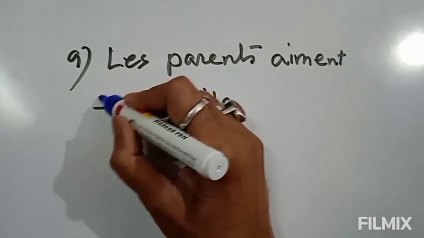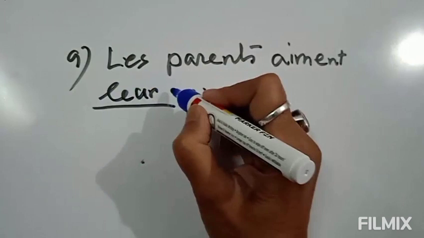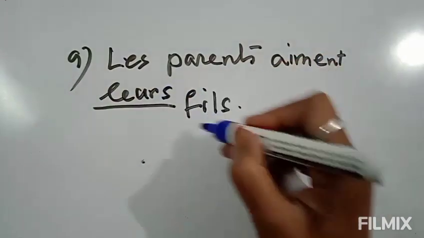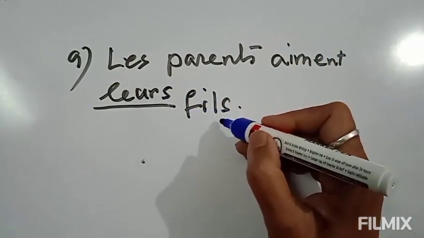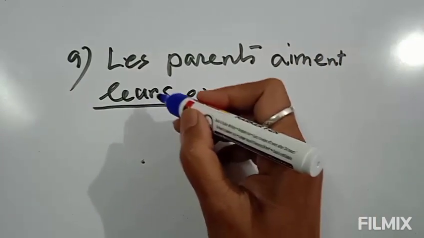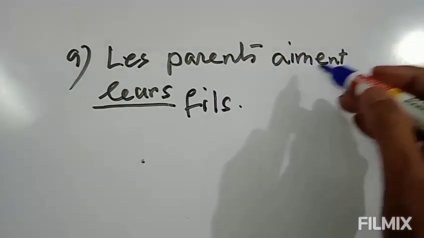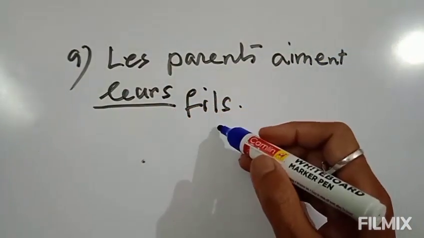Here, leur. This is plural, their sons. So, leurs, L-E-U-R-S, leurs. The parents love their sons.